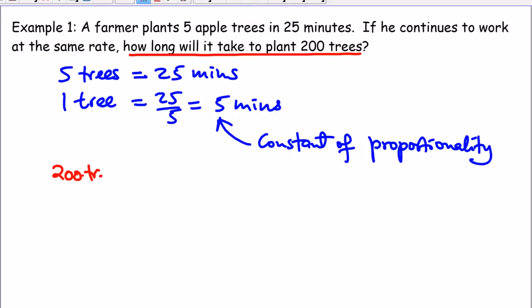So 200 trees will, of course, take more time. So we'll just multiply 200 by how much it takes to plant one tree, which will be 1,000 minutes.